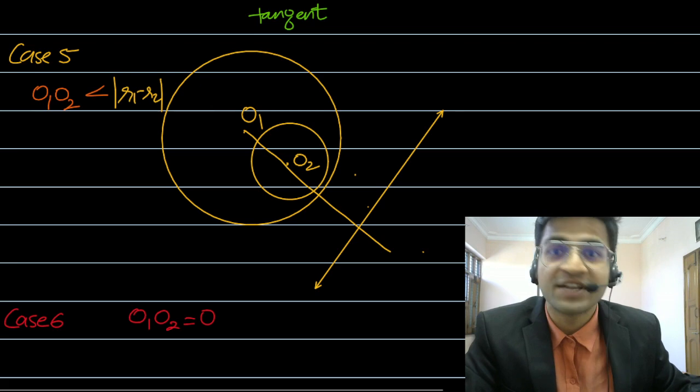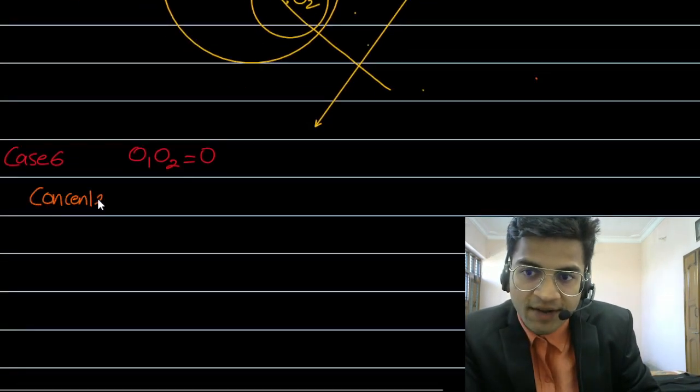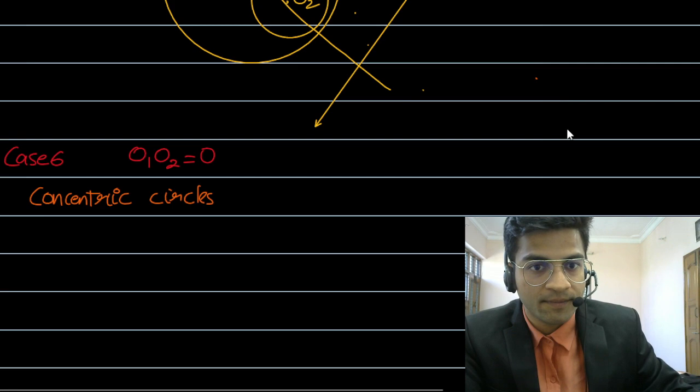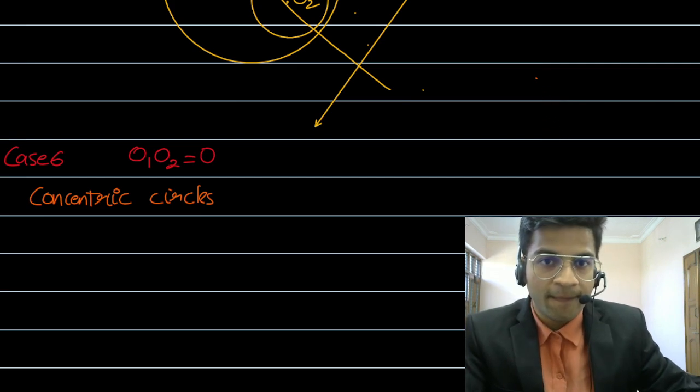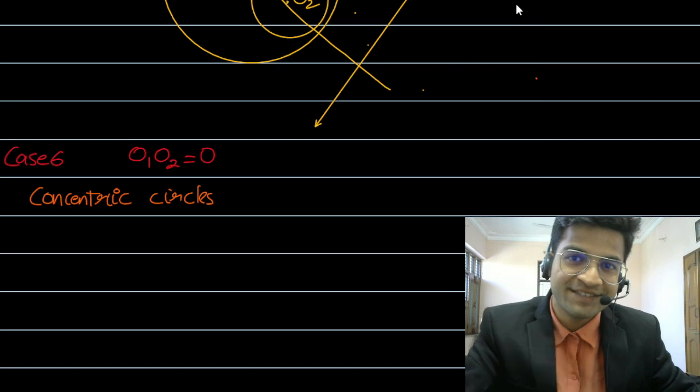The two circles are concentric circles. Till the time I am making the figure, just think why there will not be a radical axis.